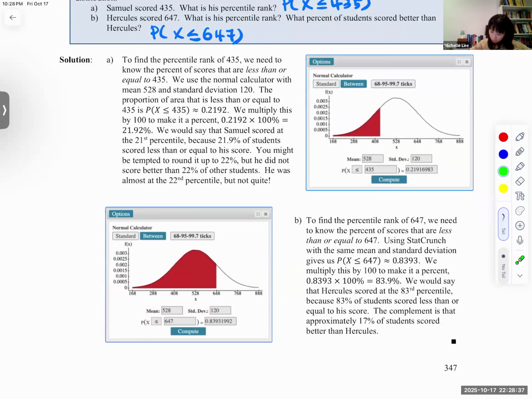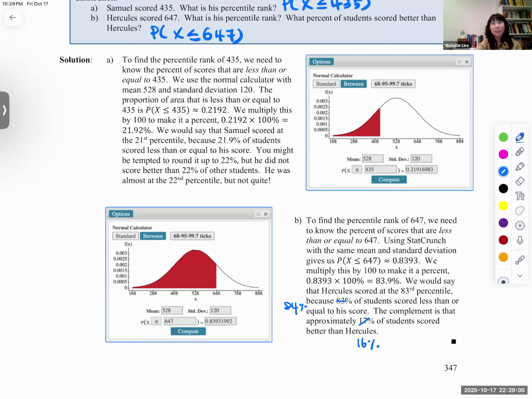Here we should round up. So this is 84%, and this is 16%. Okay. Good.